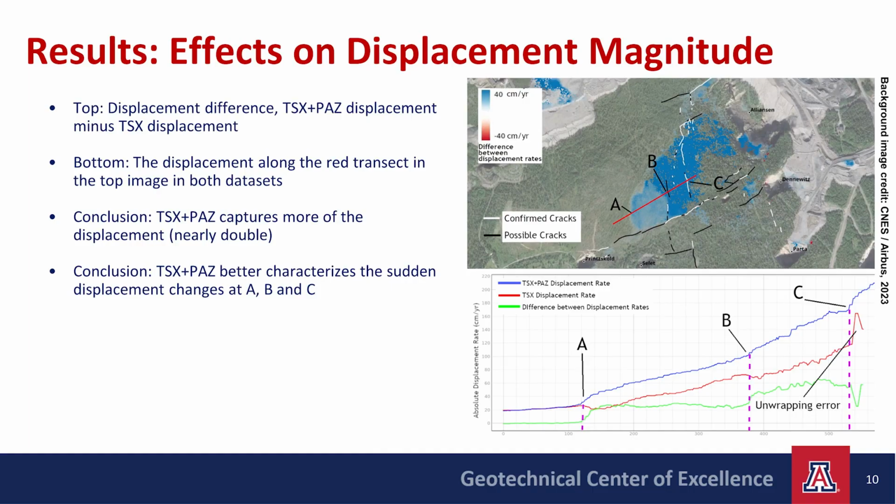There aren't enough samples. And then once we get to C again, there is another unwrapping error. So yeah, the blue line, TSX plus PAS, is much better able to characterize these sudden changes in displacement activity.